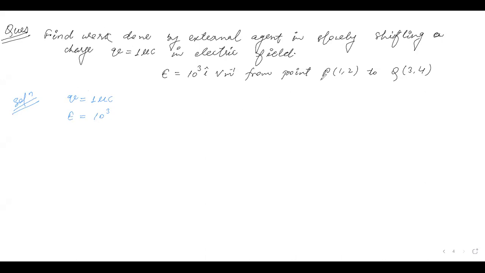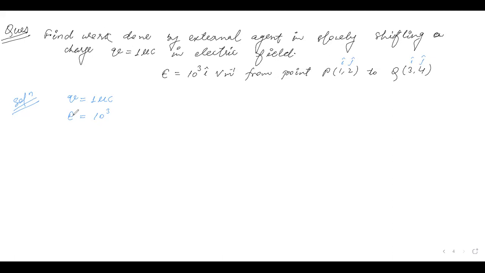And now what is your point P? Point P is given as (1, 2), and position Q is given as (3, 4). You can make it 1 as I cap, 2 as J cap, 3 as I cap, and 4 as the J cap. Do you understand, Nawal and Matthew?